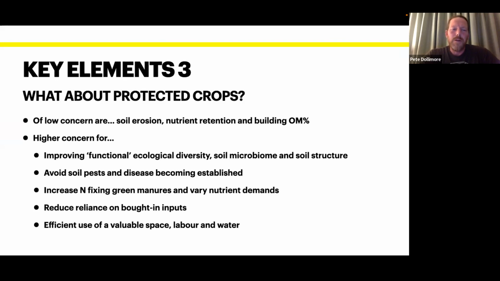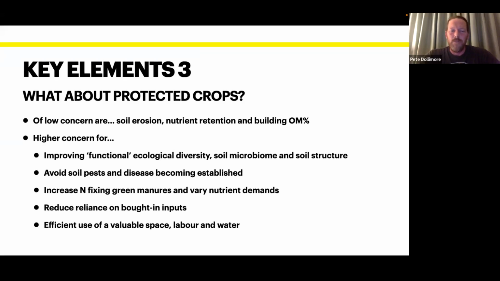And then we want to be reducing reliance on bought-in inputs. So can we make efficient use of our crop waste rather than buying in PAS 100 compost or chicken pellets or fertilizers or whatever it might be?